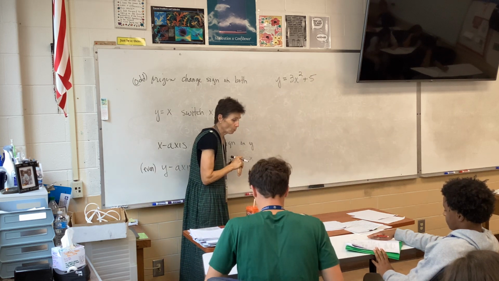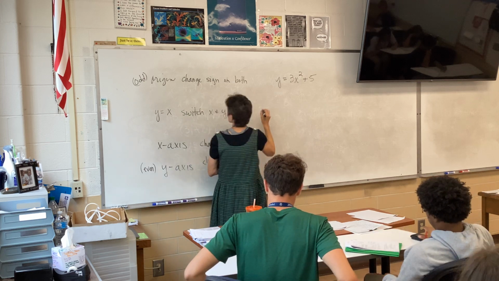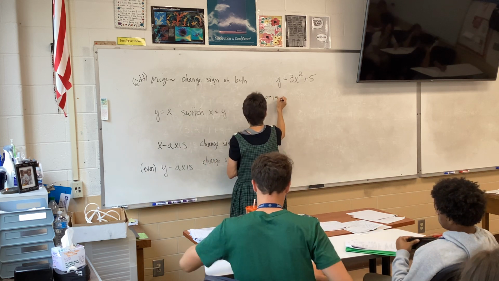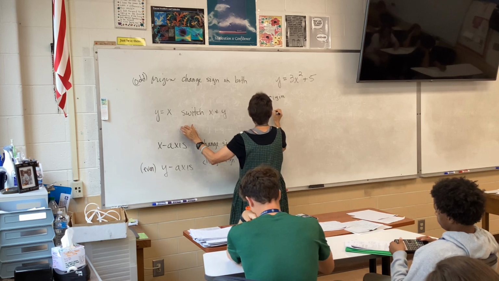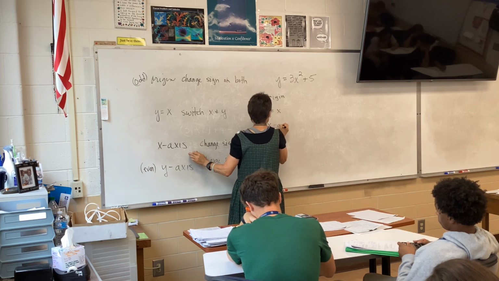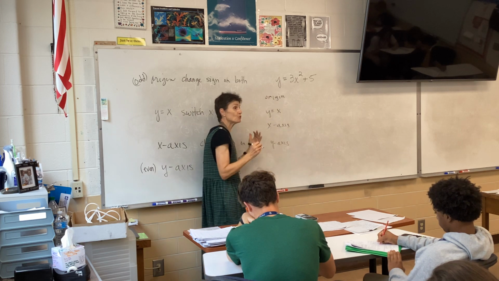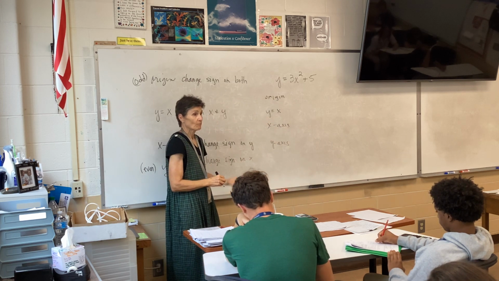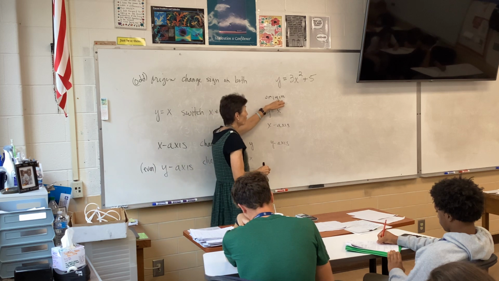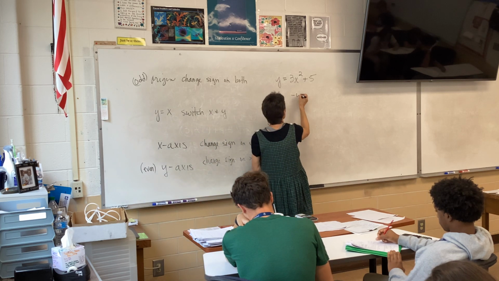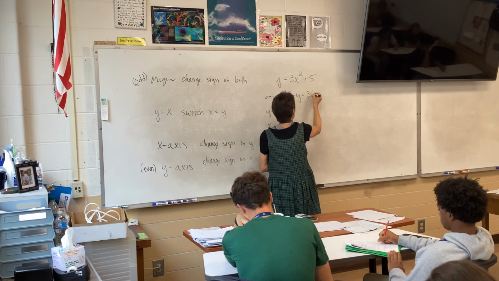We're going to see what kind of symmetry this has. So I'm going to test the origin, I'll put them in the same order here. The identity line, the x-axis, and the y-axis. So I'm just going to do the test for each one. So for the origin, I'm going to change the sign on both.